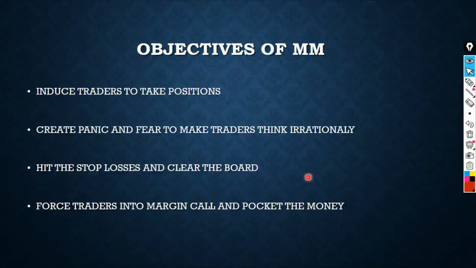They will also create panic and fear to make traders think irrationally, with some fast movements that you see. The last thing, which is why they come to work, is to hit your stop loss and clear the board.